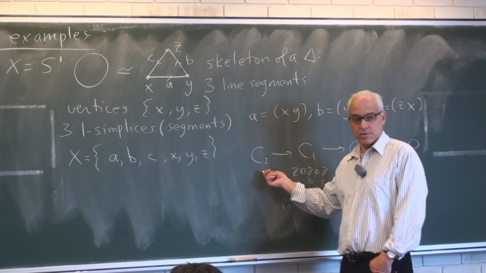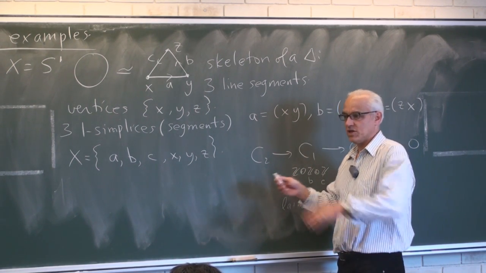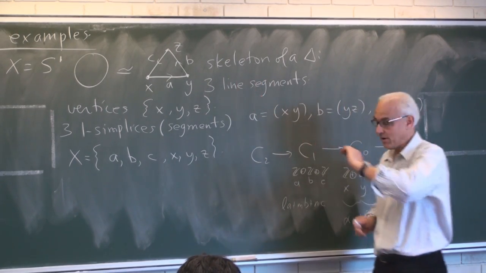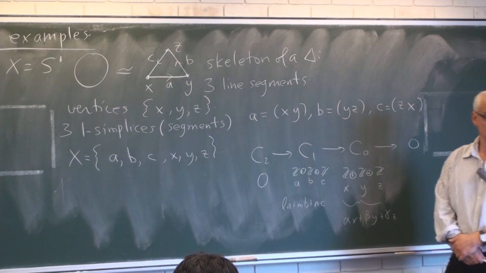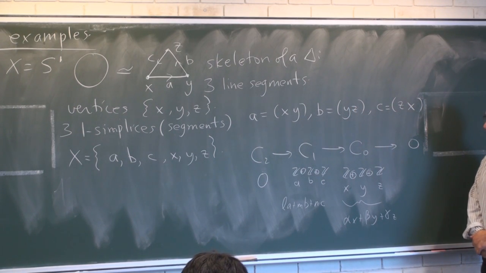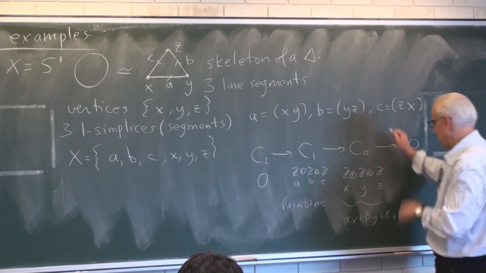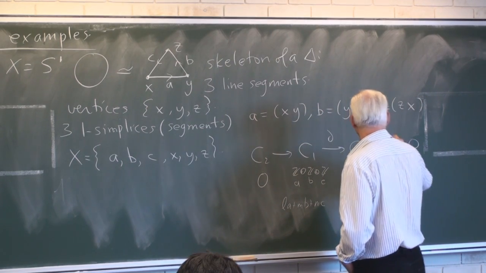What about C2? Well, there are no two-dimensional chains in this story. We are not considering the solid triangle, so this thing is just 0. It's not going to really figure in our picture except that it's 0. Okay, now we have these boundary operators. Let's have a look at them.